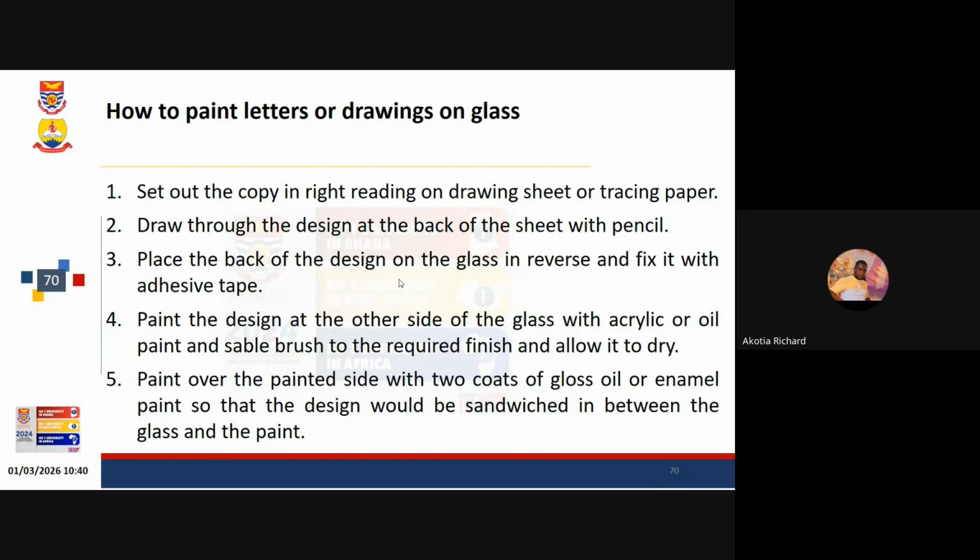So the image is drawn on the sheet of paper. You have to coat it to become transparent so that you can see the image at the back of the drawing sheet. When the image shows at the back of the sheet, you place it on the glass, and you can see it at the back of the glass too.